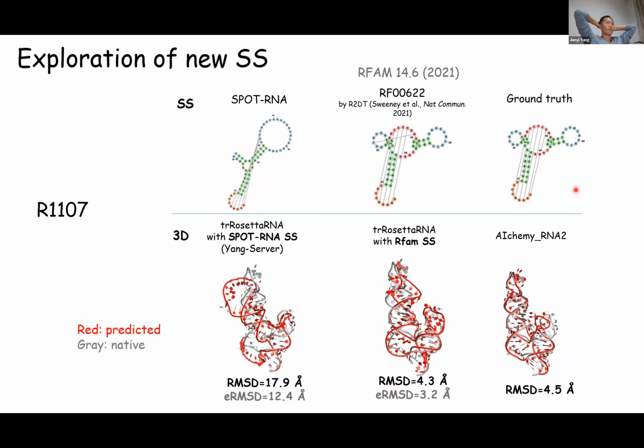It's also very important to have this synthetic data to train our network. I know the Rachel group already has more than 1 million designed sequences, but we haven't yet touched that.